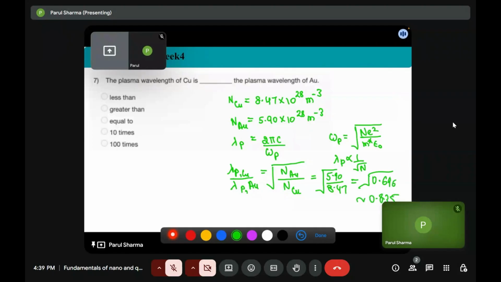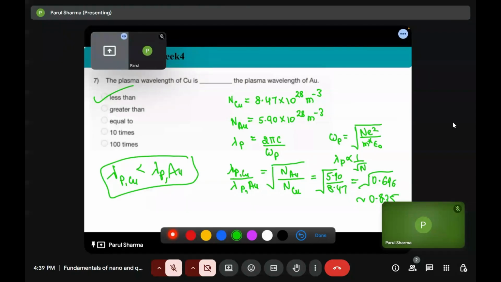So we can say that lambda is less. So the first answer is correct, that the wavelength of light is less than the plasma wavelength.